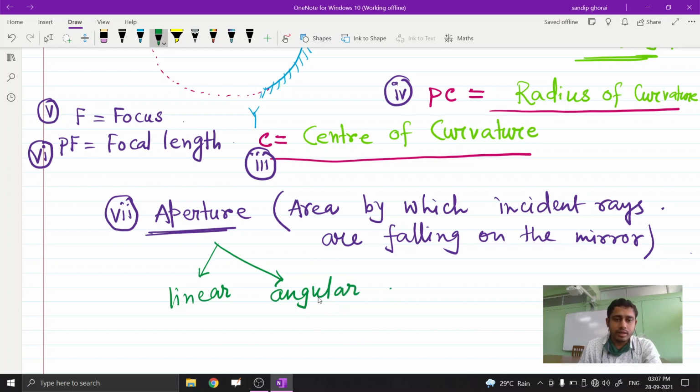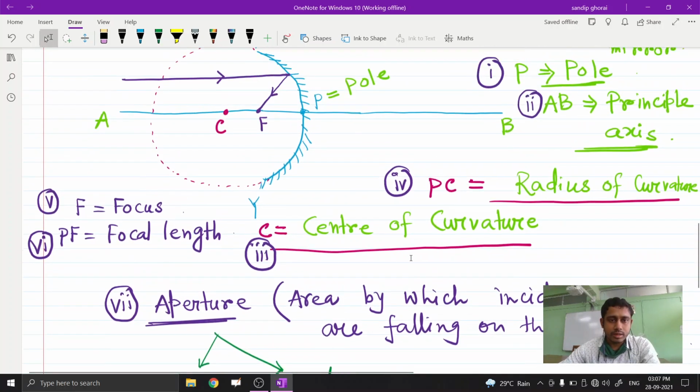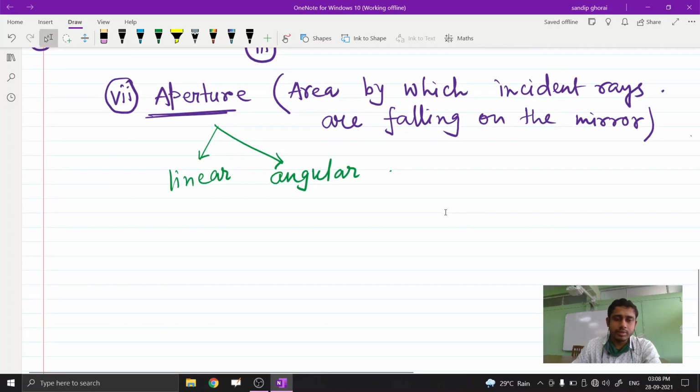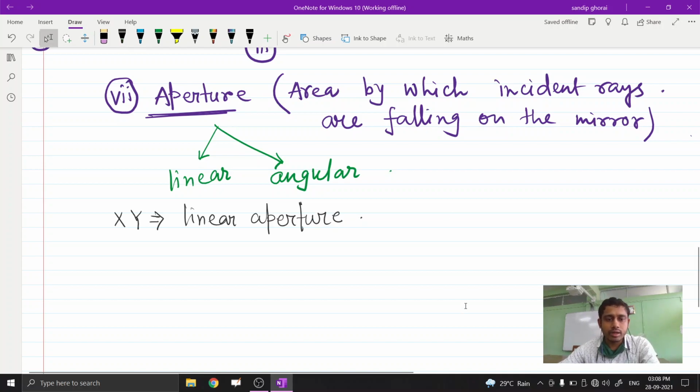Here, what is the linear aperture? If we connect X and Y with a straight line like that, then the line is called linear aperture. That means XY is the linear aperture. And what is angular aperture?